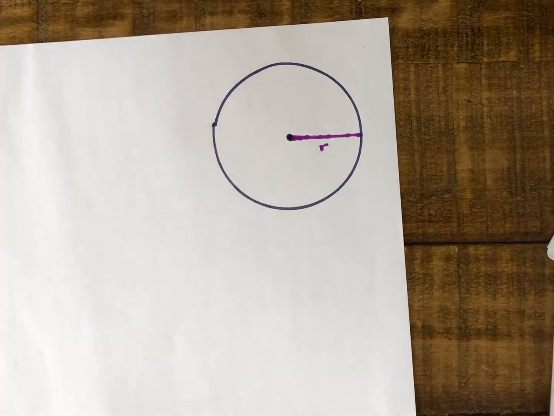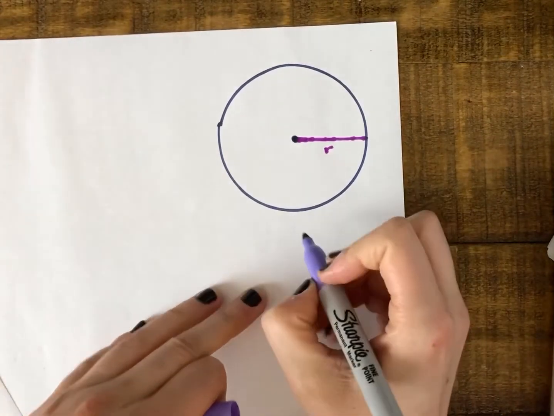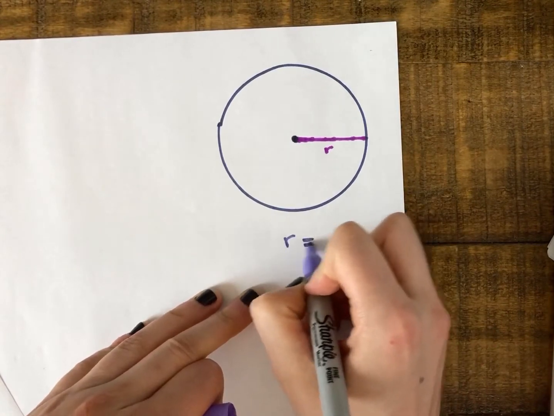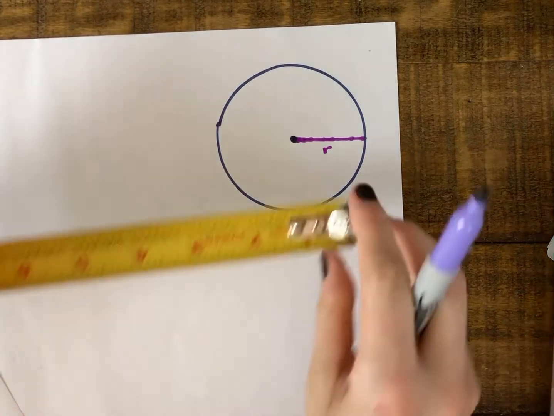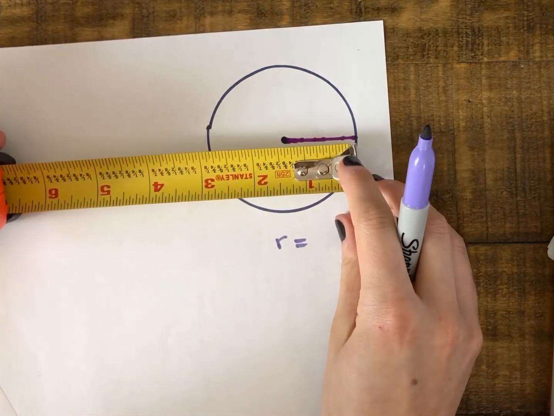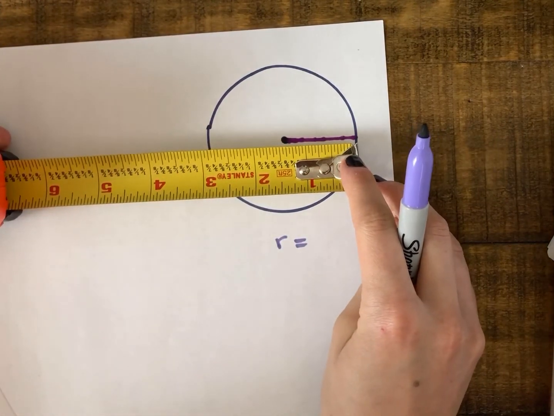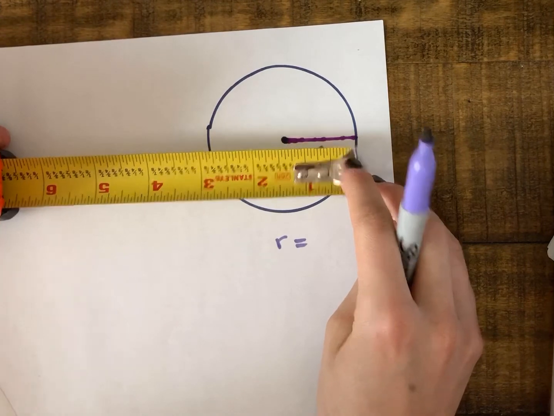And while I'm at it, I'm going to measure that radius and just write that measurement off to the side. So I notice here that my radius works out to be 1.5 inches.